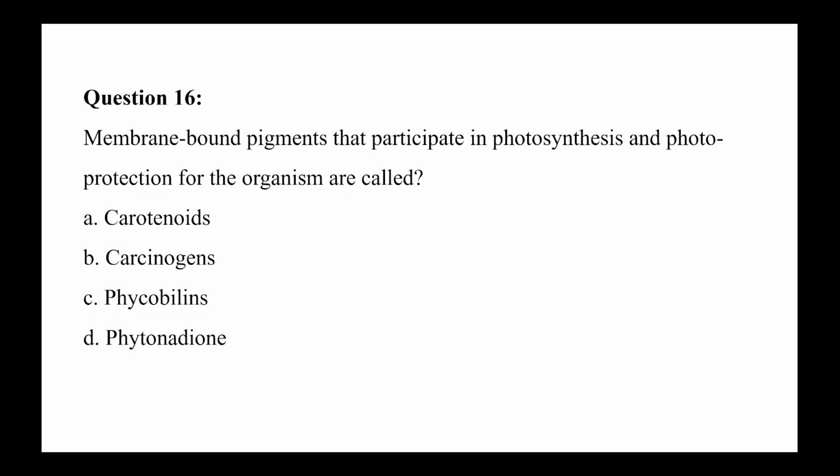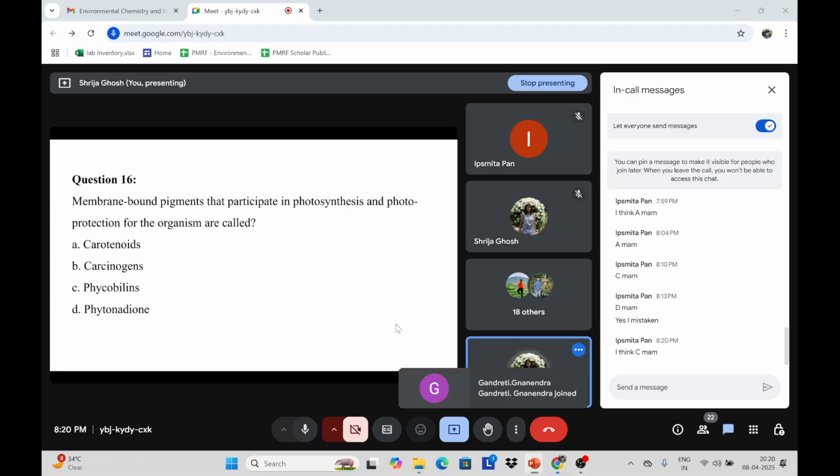Option A, carotenoids. Option B, carcinogens. Option C, phycobilins. And option D, phytonadienes.